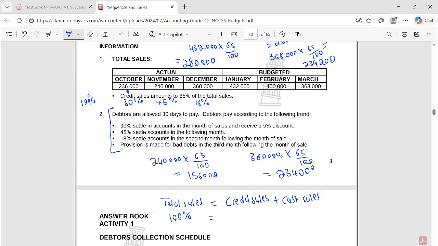So this percentage plus this percentage plus this percentage gives us what? 93%. So therefore the other percentage would be for what? Bad debts. As they explained here, they're saying that provision is made for bad debts in the third month following the month of sale, meaning for January we're estimating 7% of bad debt.